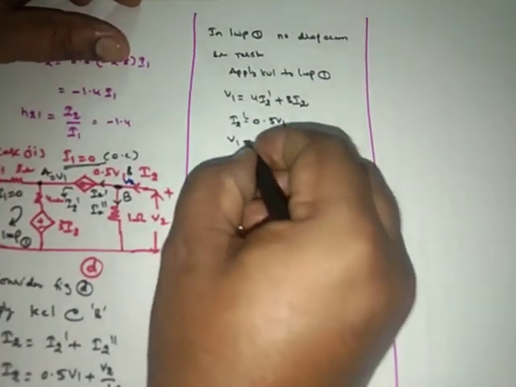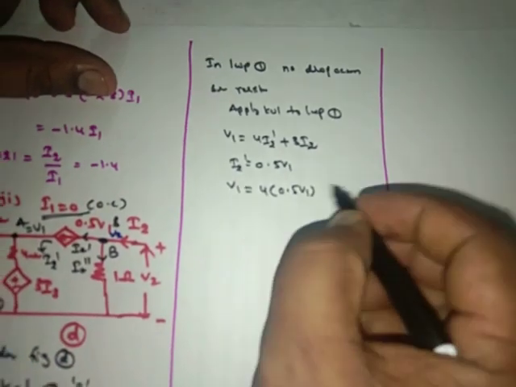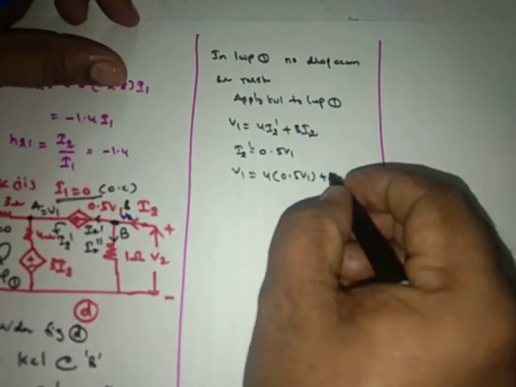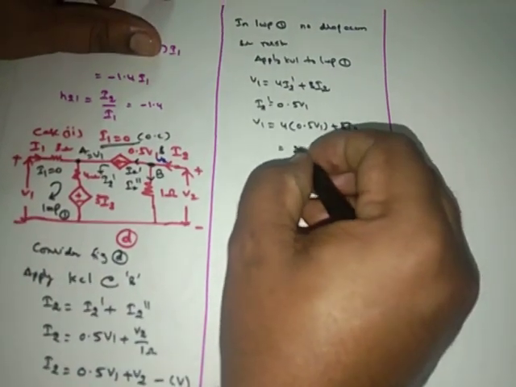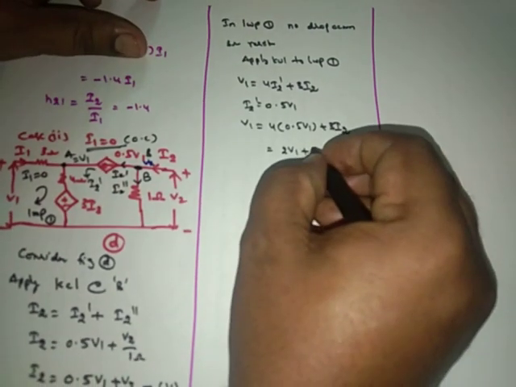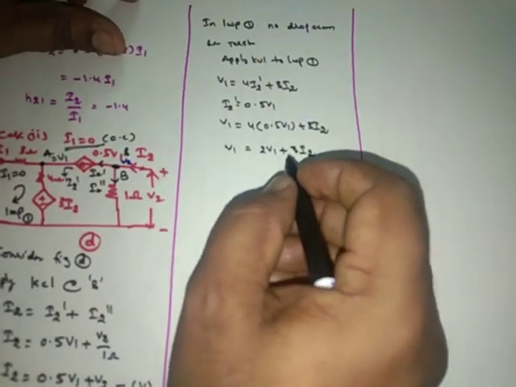Then simplify. V1 is equal to 4 into 0.5 V1 plus 3 I2, that is equal to 2 V1 plus 3 I2.